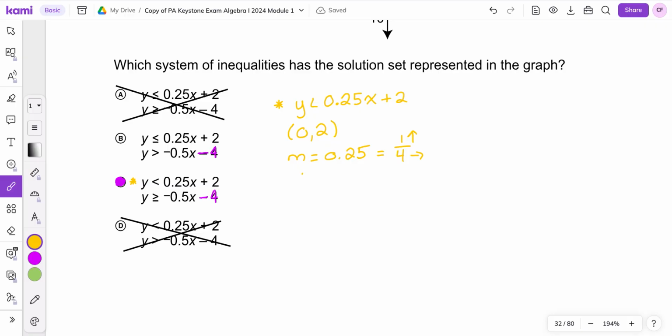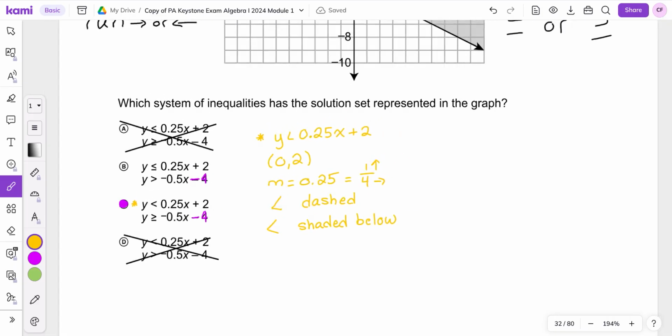We also know that a less than symbol is a dashed line, and we know that less than symbol is shaded below.